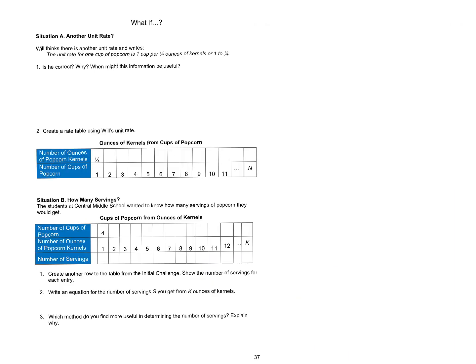All right, let's move on to situation A. Will thinks there is another unit rate and writes the unit rate for 1 cup of popcorn is 1 cup per 1/4 ounce of kernels, or 1 to 1/4. Is he correct? Yes, he is correct. And how might this information be useful?